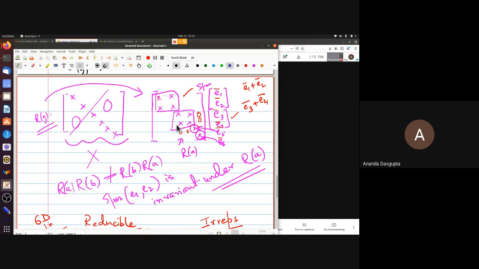In other words, the 2 1D representations occur once in this representation, and the 2D irrep will occur twice, which is why I have these 2 blocks, and why I'm so confident when I say E1, E2 mix among each other in exactly the same way as E3, E4 mix among each other, because that's what group theoretical calculations would have told me, that the 2D irrep is occurring twice here.